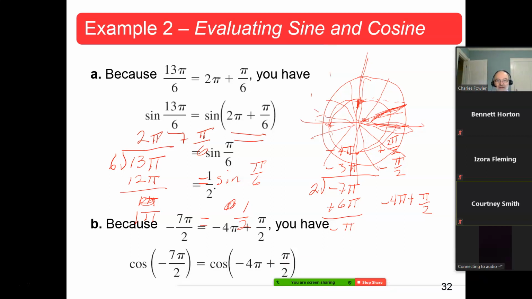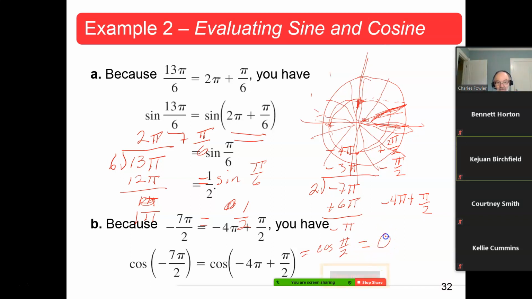Okay. So what we have here, because that's true, and this is an even number of pi's, even though it's negative, this is the same as cosine of pi halves, and cosine of pi halves is, anyone know? Zero.